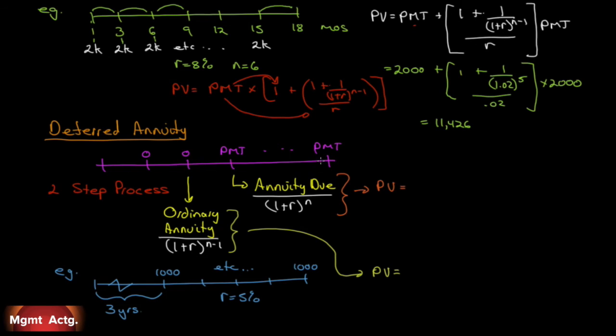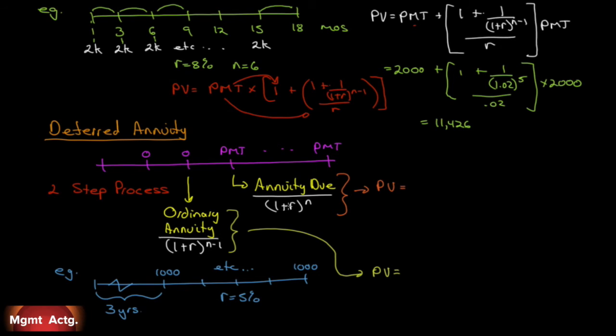To figure out this, it is a two-step process. Step number 1, either determine the value of the ordinary annuity as of this date, or determine the value of an annuity due at this date. Well, that's as of this date, but we want it as of the present value.